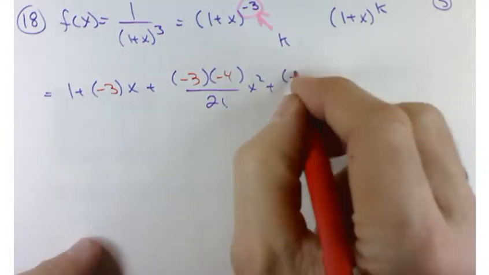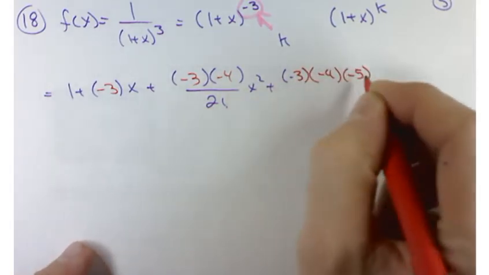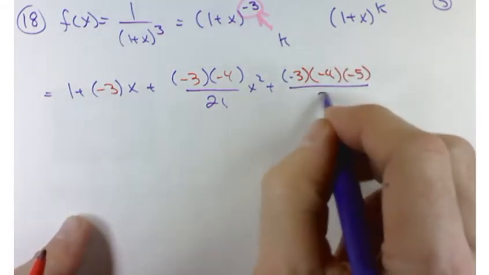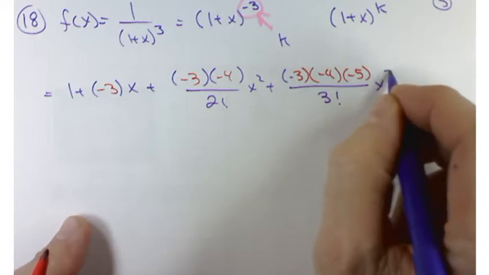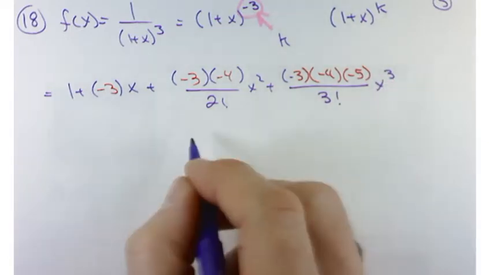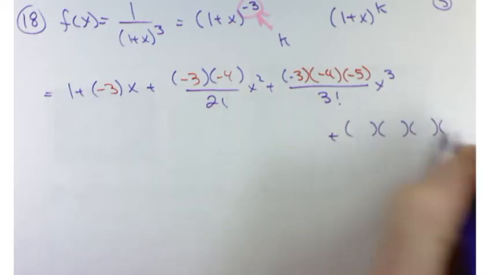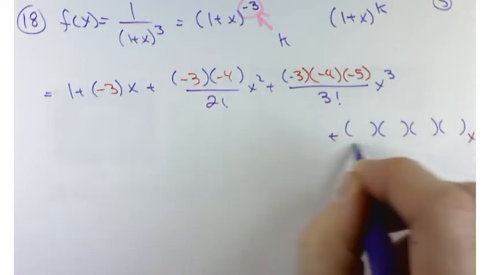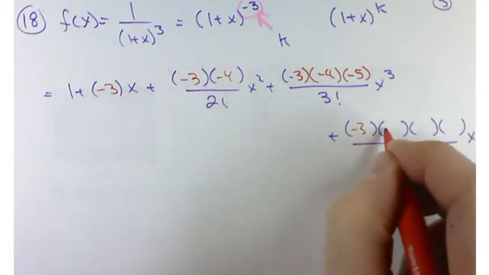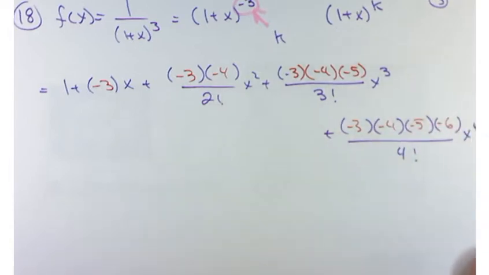So -3, -4, and then -5. This time, what am I going to divide by? 3 factorial, x cubed, and so on. Okay, so last one, -3, -4, -5, -6, and so on.